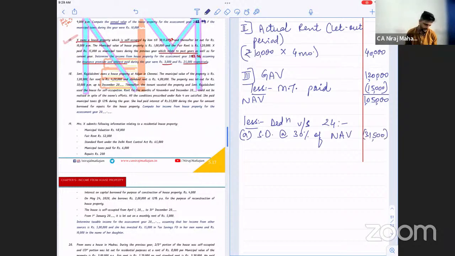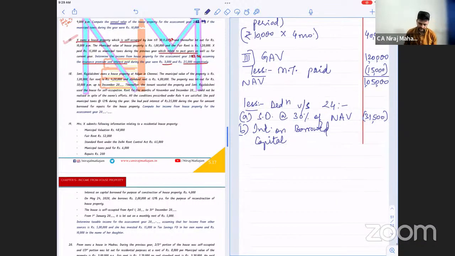Fine. And we also have interest on borrowed capital. Only that much we'll take. Is how much? 25,000. That's it. Insurance premium has nothing to do with this. Is it okay till here?